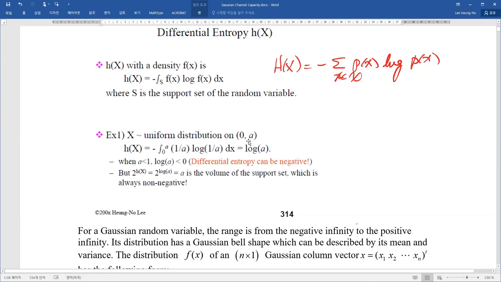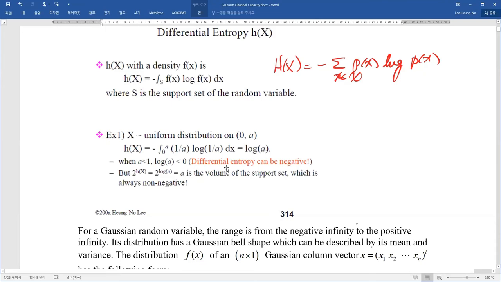That is obvious with the choice of value a, where a is a positive number. We cannot have negative interval length, right? The length has to be positive. So a, the length of this interval, is positive, but log a, when we take the entropy, it can be negative.